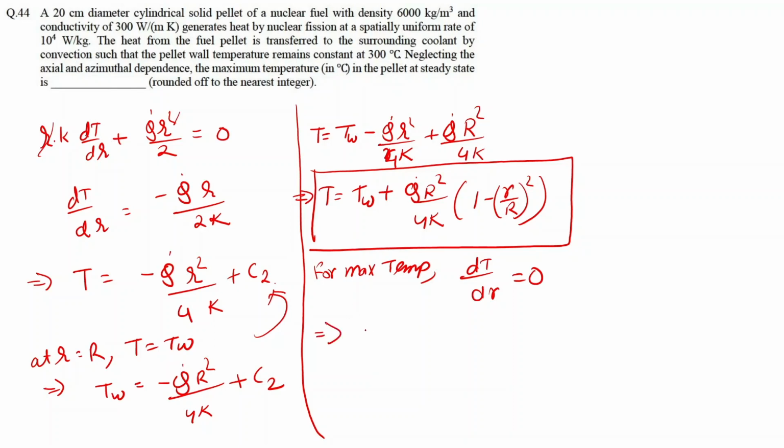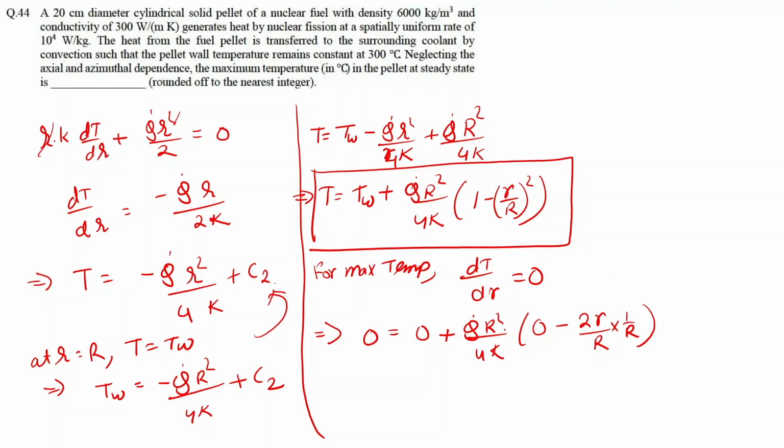Tw is constant, so it will become 0, plus Q dot R square upon 4k, whose differentiation will be 0, minus the differentiation of r square, which will be 2r, upon 4k.